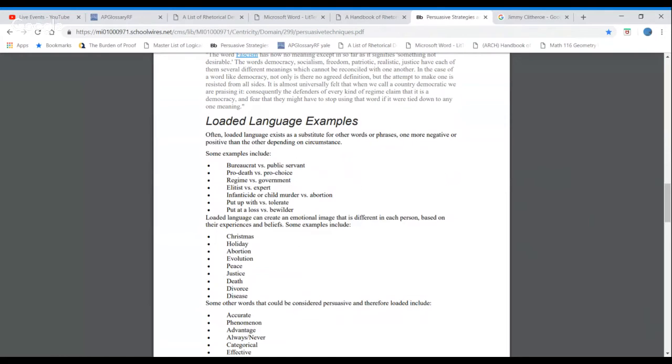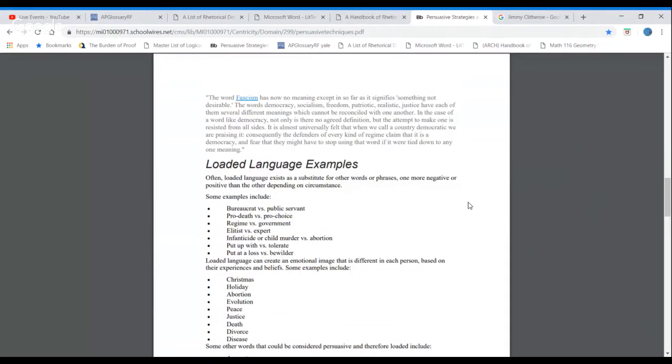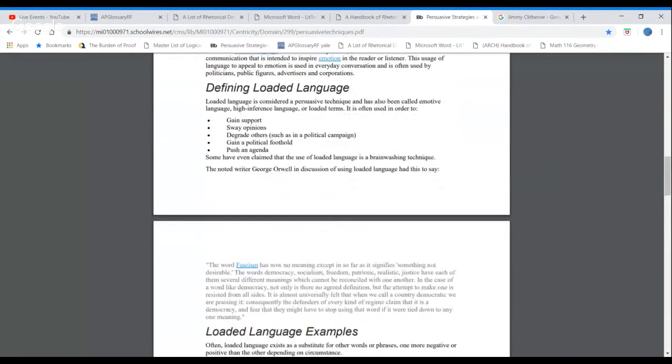Some people think of some of these straw man maps and models that are put out there, they think, oh, ice wall, all this nonsense, and domes and religion and all this stuff. It puts a mental image in people's minds when they hear this stuff. And like it says back up here, some have even claimed that the use of loaded language is a brainwashing technique.